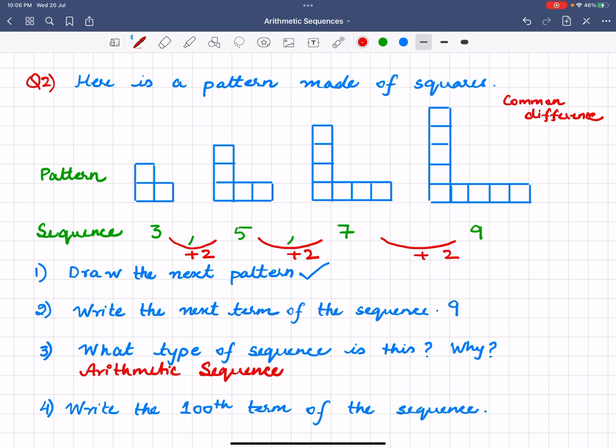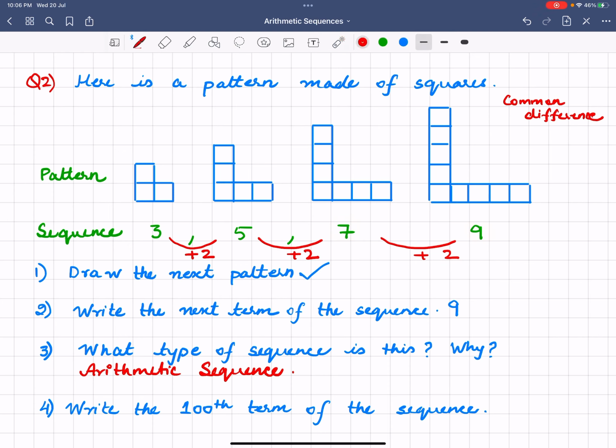And the question is asking, why is it an arithmetic sequence? As there is common difference between each term of the sequence. So 2, 2, 2. Between the terms 3 and 5, the difference is 2. Between 5 and 7, the difference is 2. Between 7 and 9, the difference is 2.